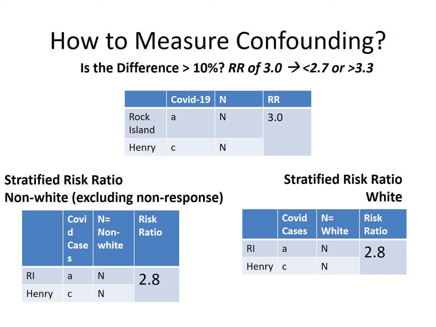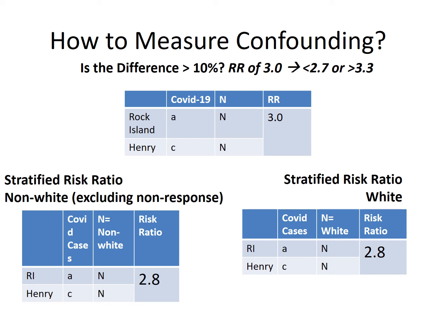So the lower bound would mean it goes down below 2.7, and the upper bound would mean that it goes greater than 3.3. So depending on how you're comfortable doing the measurement, you can look at this 10% change in different ways. One is to actually measure the percent change in your estimate, or to get a ballpark by looking at the 10% boundaries around 3.0, the original risk ratio, to see where it hits the mark of being greater than 10%.